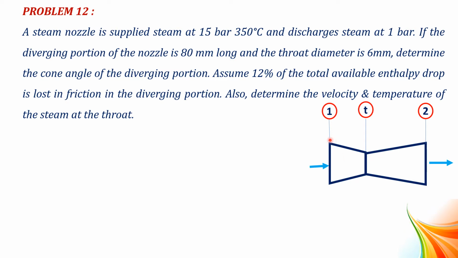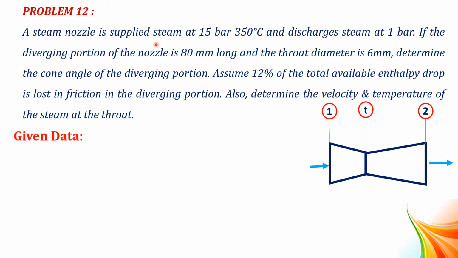The portion between 1 and T is known as the converging portion, and the portion between T and 2 is known as the diverging portion. Now we are going to write the given data.